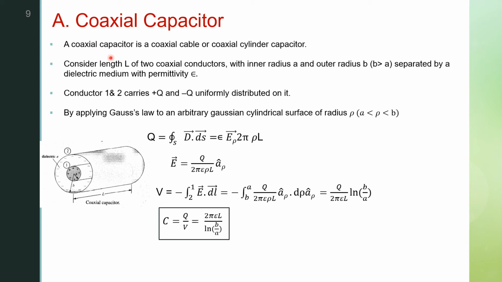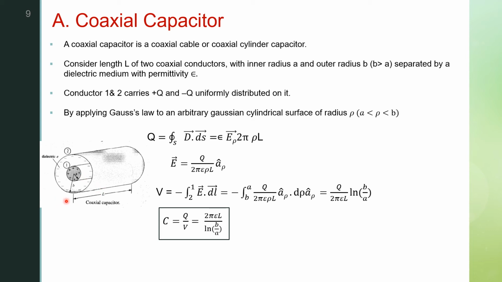Coaxial capacitor. A coaxial capacitor is also known as a coaxial cable or a coaxial cylinder. So consider this figure. Consider a length L of two coaxial conductors with inner radius a and outer radius b.